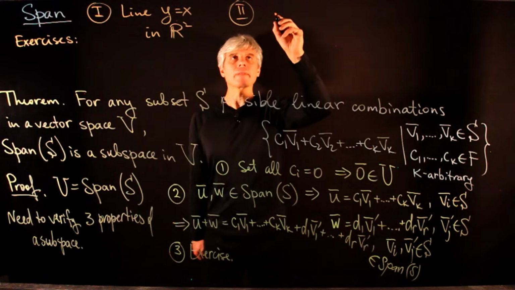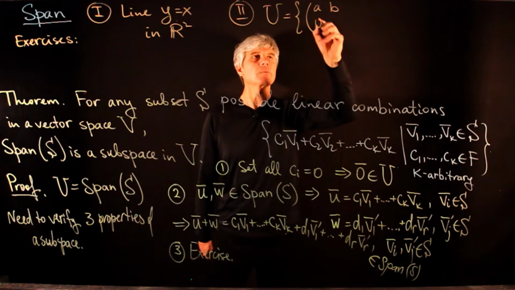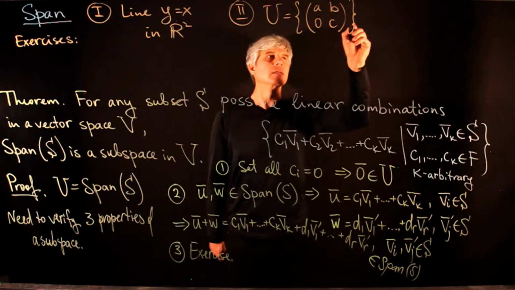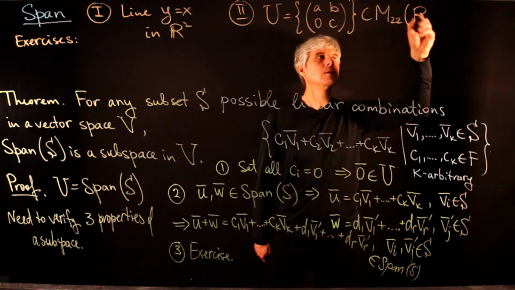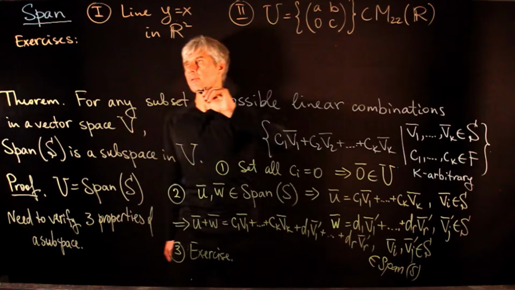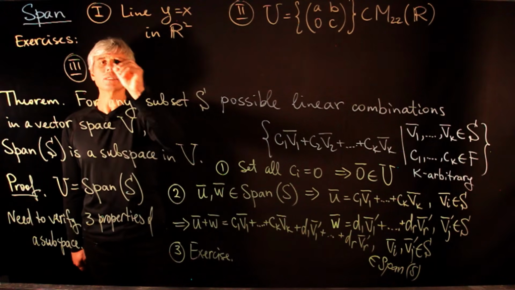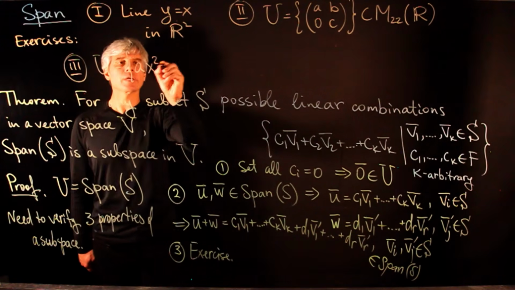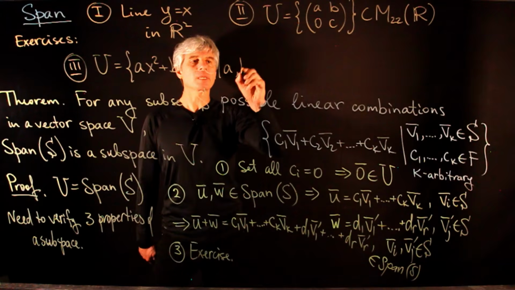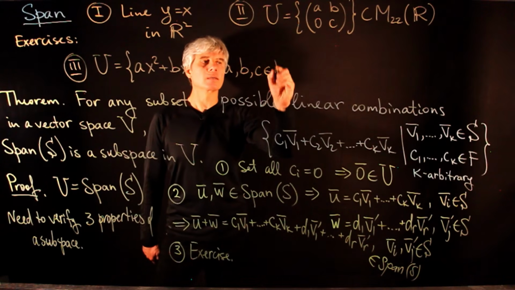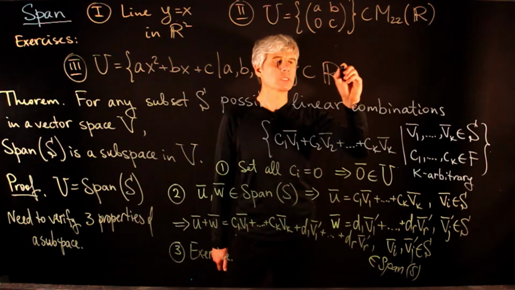We had U was the space of matrices A, B, 0, C in M22 of R. And 3, we had U was the set of ax squared plus bx plus c, where A, B, and C are in R. So this was a subspace in the space of polynomials.